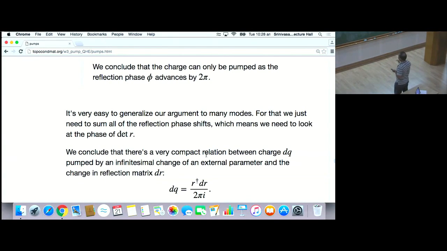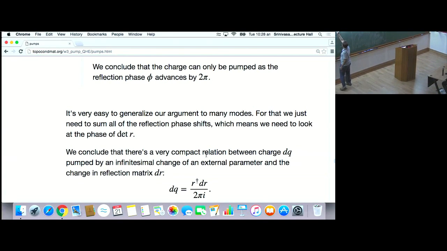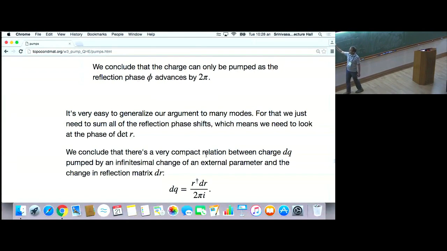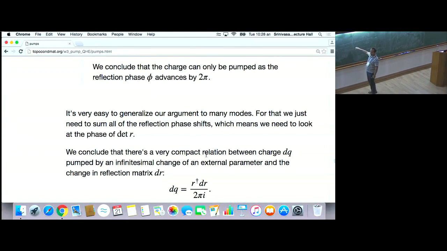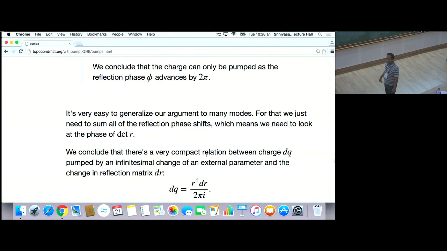Now, the bound state, so remember I had a well on the right-hand side? All I know is that it lives somewhere in the pump and between the pump and the right side. In reality, we know that the pump is gapped at the energy we're looking at, so there cannot be any state actually inside the pump. So basically, it's a bound state on the right side.